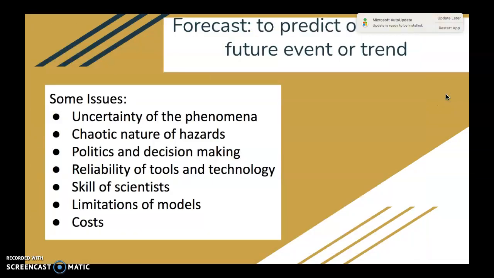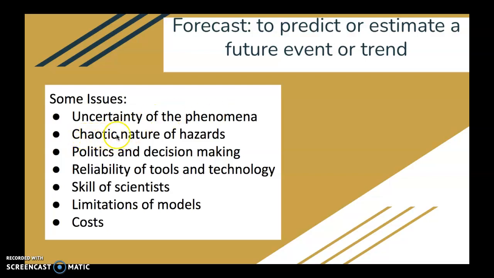Okay, now the word forecast means for us to predict a future event or a trend. To predict or estimate a future event or a trend. So some of the issues that we have with forecasting, why forecasting is so difficult, is that these phenomena and these events are very uncertain, and knowing exactly when and how and where they're going to happen is extremely challenging.